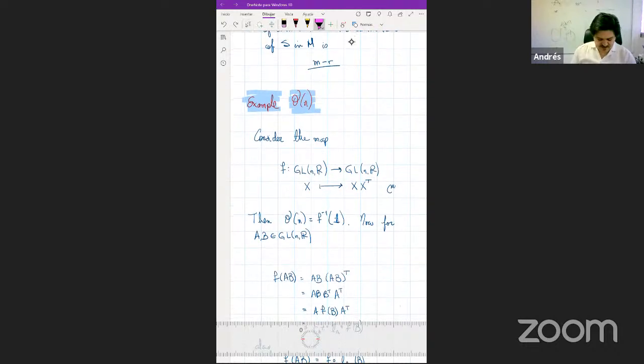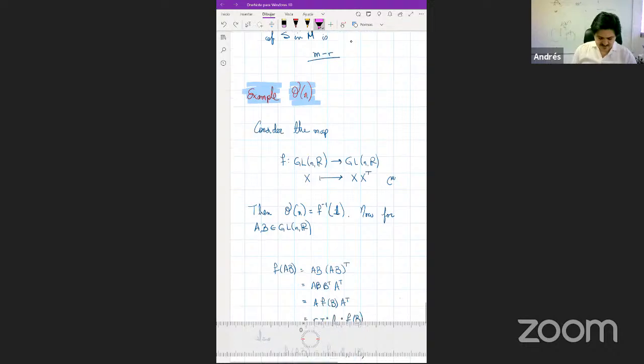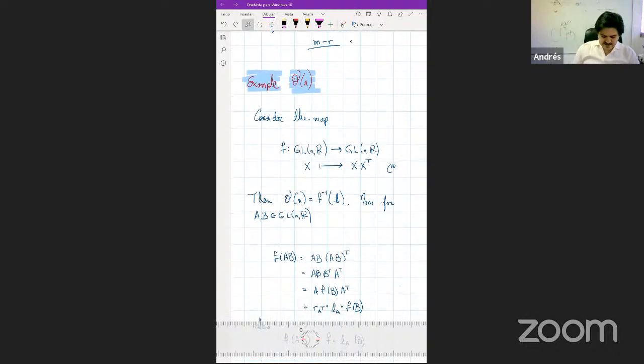And again, I use the definition of F. You write it like this. And this, I can write like the composition of these three functions that we have seen before for Lie groups: left multiplication and right multiplication.